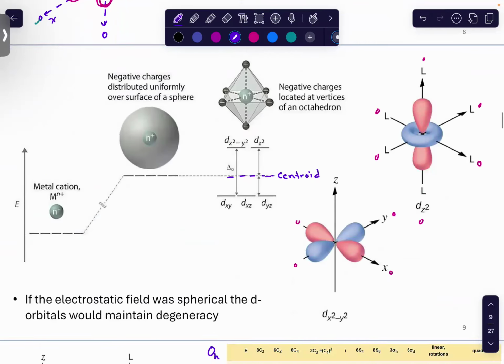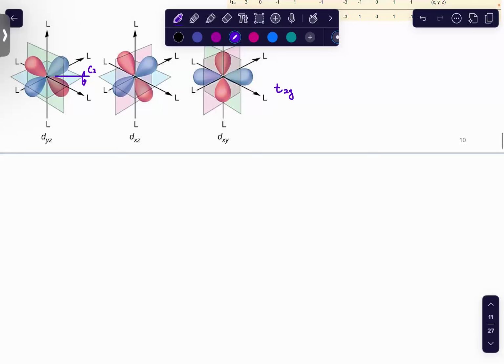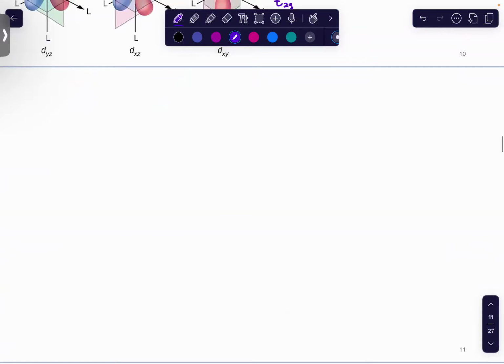Okay, so what we're going to start to get is, let's go ahead and draw this separation. I'm going to draw my 5 d orbitals there. Now we enter an octahedral field. We get my T2G level. This is my dxy, dxz, dyz.